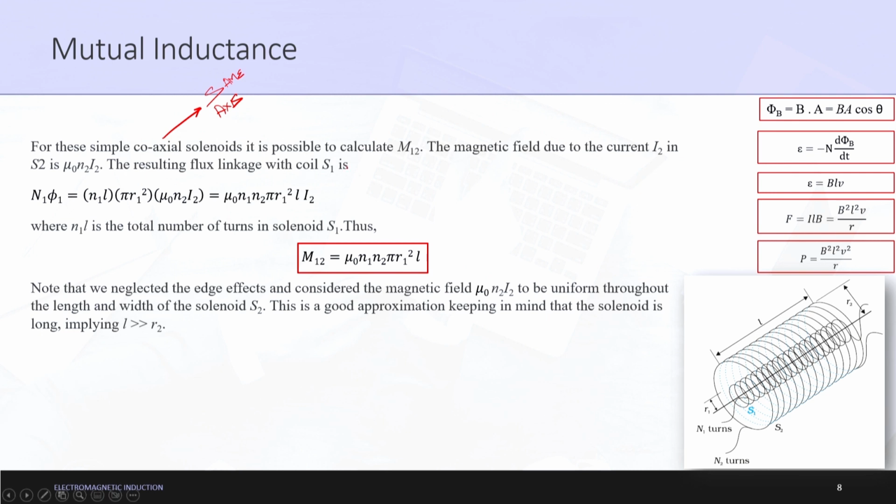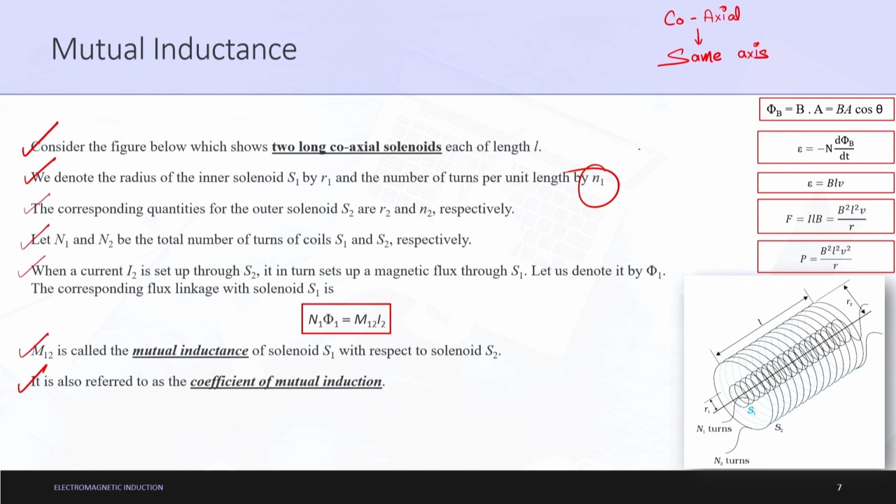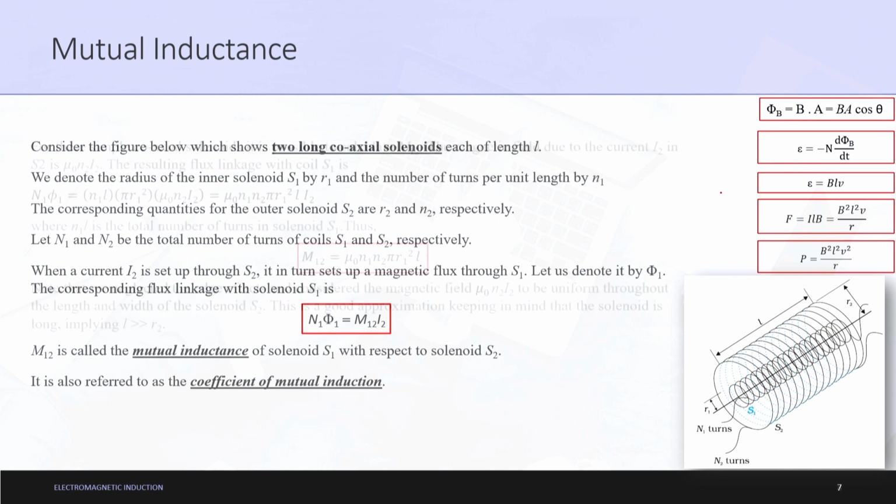Now, we already know what flux linkage is. It is equal to N phi, because we are talking about the flux linkage of solenoid S1. So this flux linkage will be N1 phi 1. From this concept we know small n1 is equal to capital N1 by L. Therefore, capital N1 is equal to small n1 into small l.